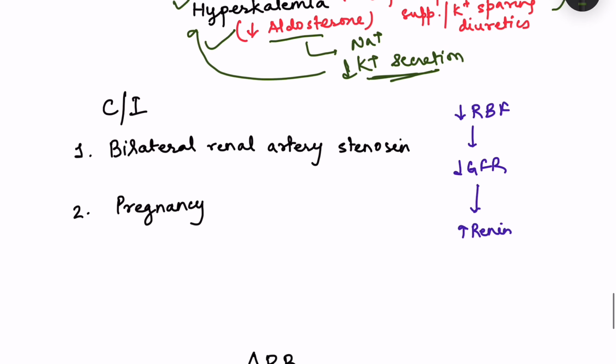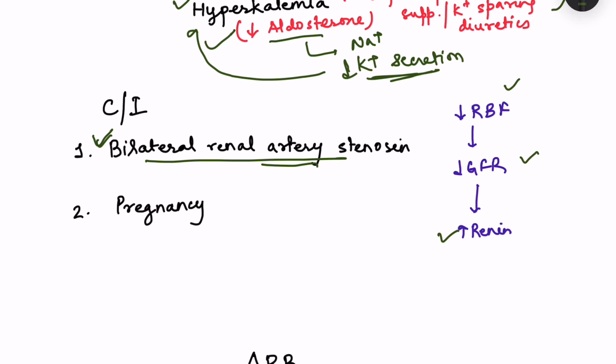Coming to contraindications, when is it contraindicated? It is contraindicated in bilateral renal artery stenosis. So you remember we discussed how angiotensin 2 is mainly acting on the efferent arteriole, right? So here is the mechanism. When both sides' renal arteries are stenosed, there is a decrease in the renal blood flow, a decrease in GFR, and an increase in the renin release.